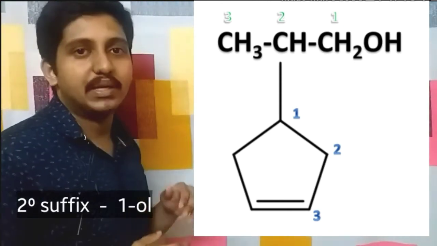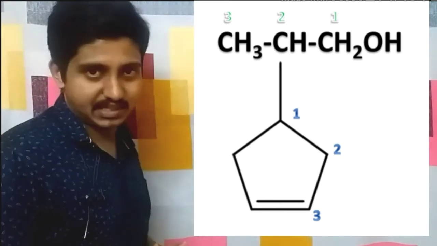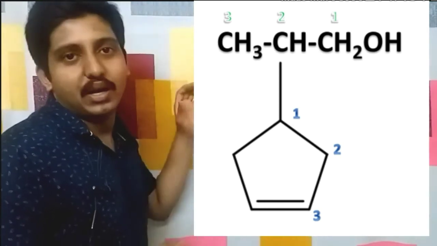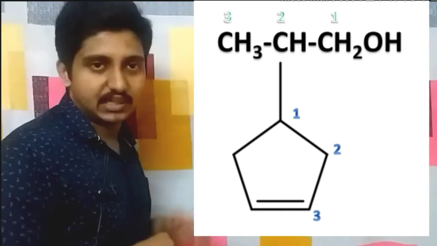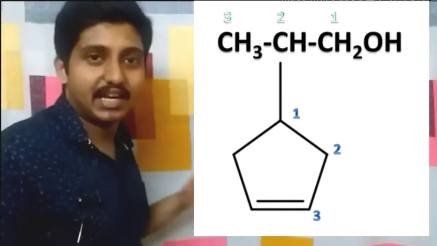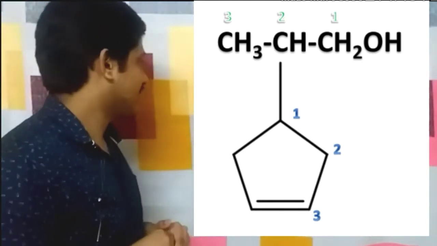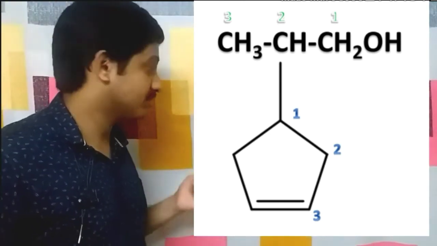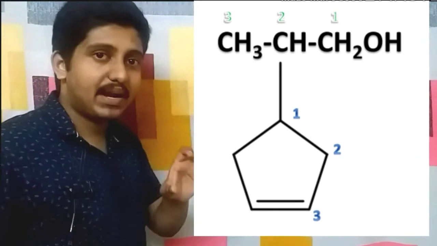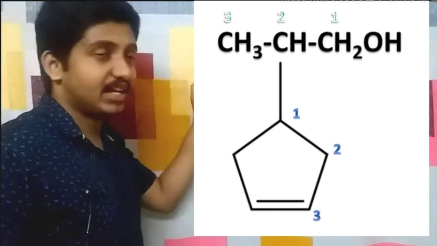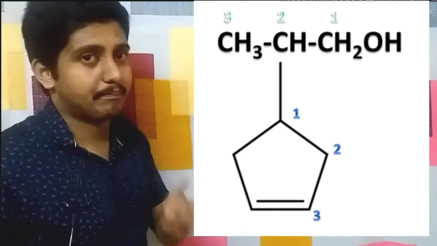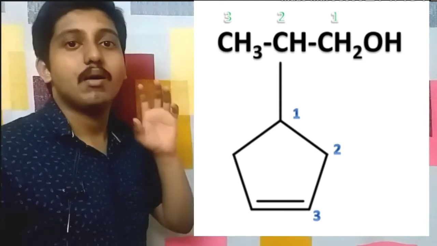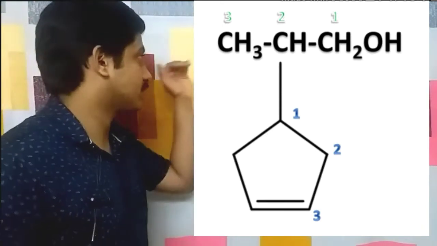Now what will be the prefix? That is the branching. We have a cyclopentyl group but with a double bond. How will we number and name the double bond accurately? As I said before while naming substituents in my previous video, the carbon atom attached to the parent chain should be given the number 1, and all other numbering should be with respect to that.